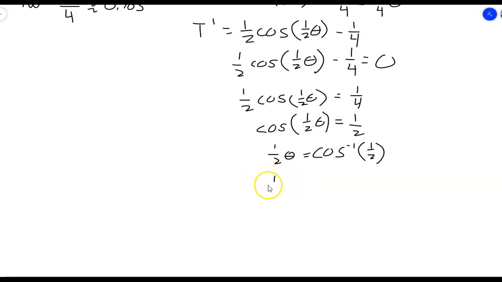So the 1/2 theta is equal to pi over 3, and multiply both sides by 2, and we're going to get theta is equal to 2 pi over 3. All right, so that means that we have a critical value here at 2 pi over 3.